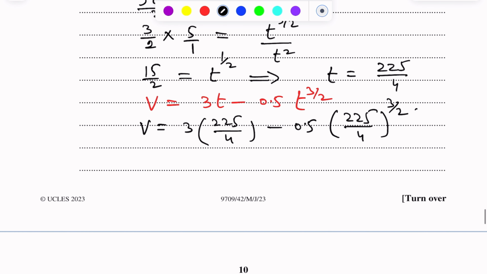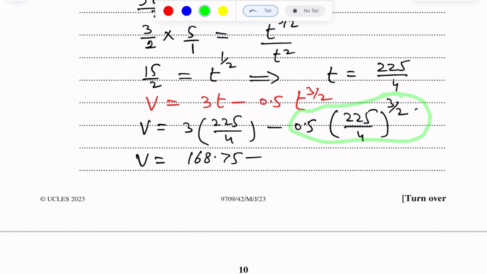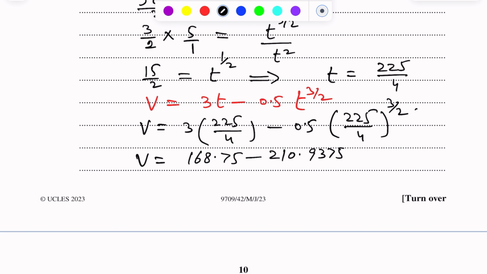We use the calculator here. We get v is equal to 168.75 minus, after calculation, the value of the second term, 210.9375.